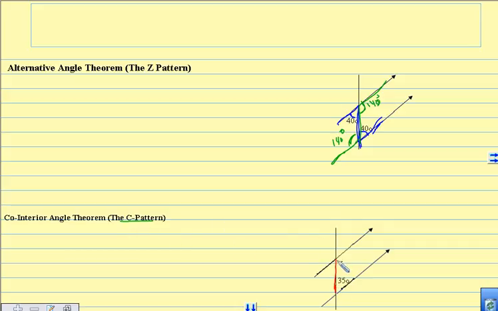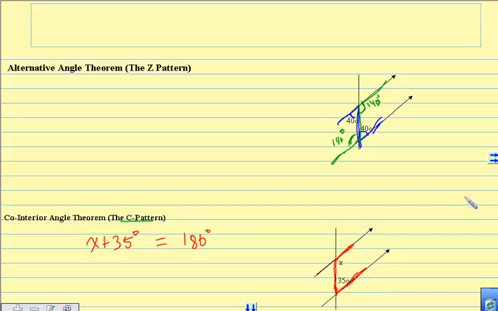So if I make a C here, these two angles, by the co-interior angle theorem, x plus 35 degrees, have to add up to 180 degrees.